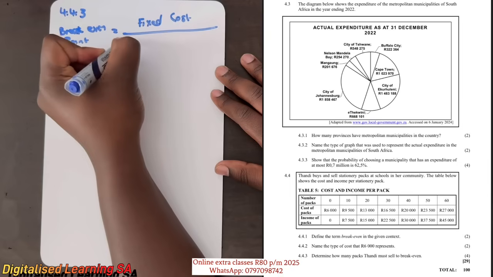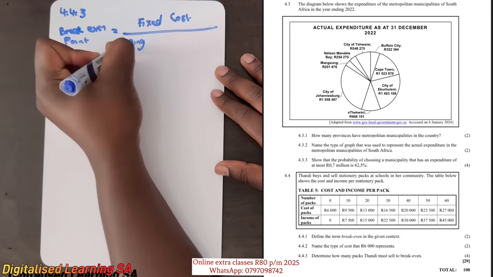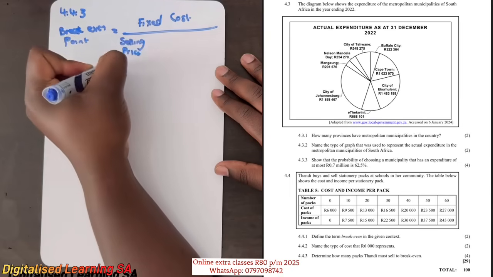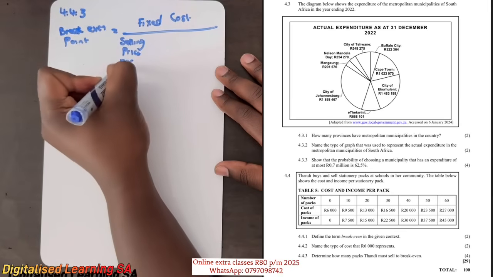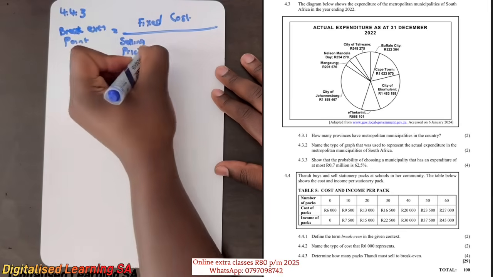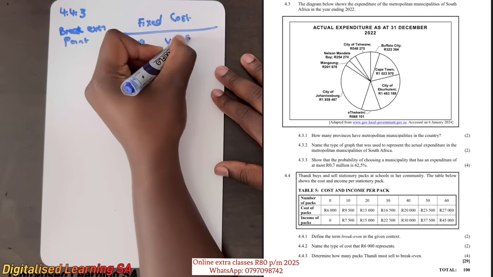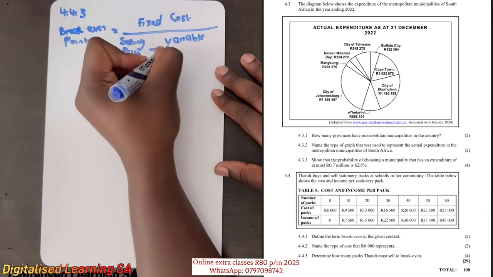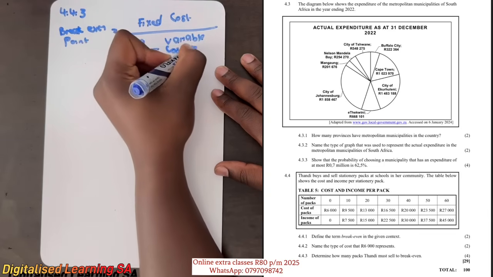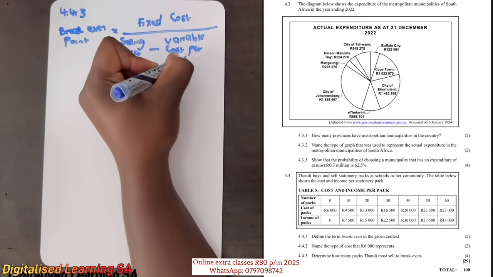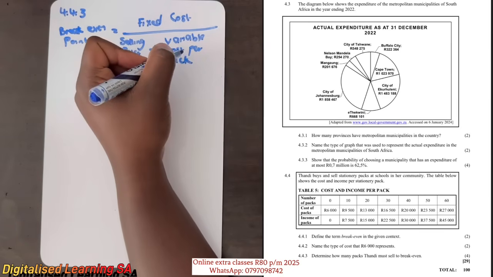So it's the selling price per pack minus the variable cost per pack.